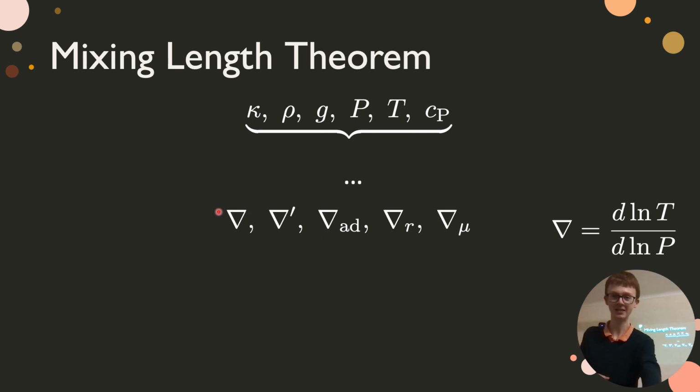We've got nabla here, which is the temperature with respect to pressure at a given level, so that's within that little column. What's the value of nabla? And here that's nabla prime. That's the temperature with respect to pressure within that element itself. So what's the gradient within, and what's the gradient outside? Now nabla ad, that's the adiabatic temperature gradient, so that's when no heat is transferred.